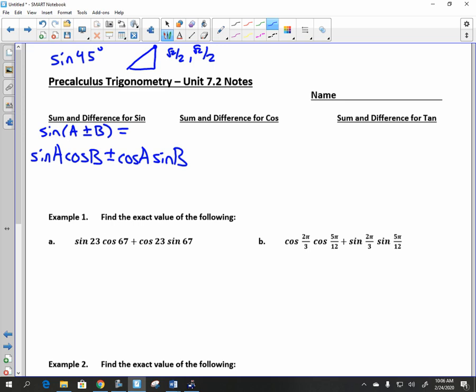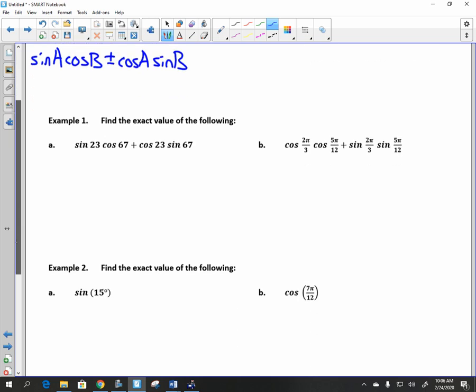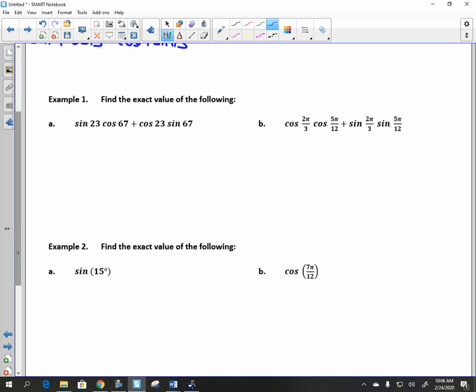Well, using sum and difference formulas, we could calculate some other trigonometric values that we maybe didn't know. 45, 60, 30, 90, those are all really nice numbers. Well, what about a situation like this? It says find the exact value of the following: sine of 23 times the cosine of 67 plus the cosine of 23 times the sine of 67. We don't know the sine or cosine of those values, do we? We have no idea.